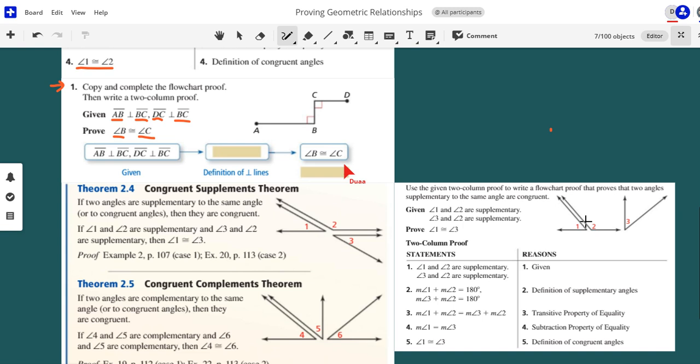Wait, what is perpendicular? It's where they intersect at 90 degrees. Okay.